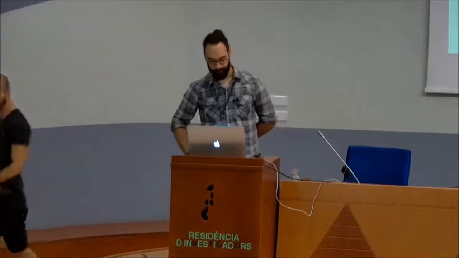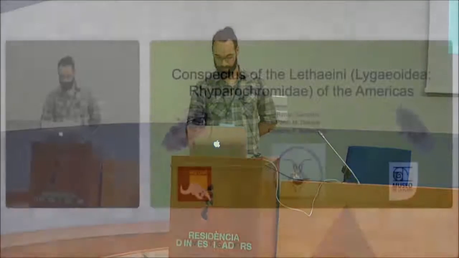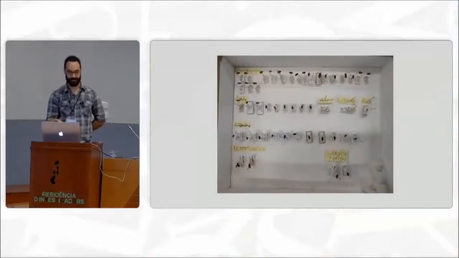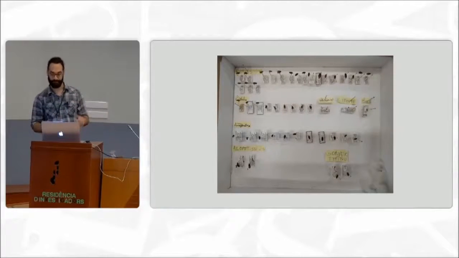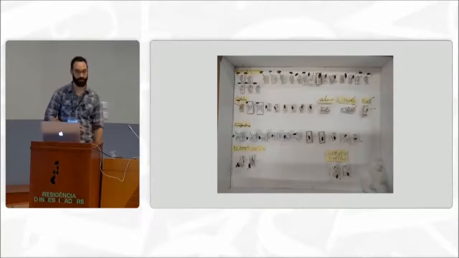Hello, everyone. So let's talk about reporter chromids. This is a classic tray of reporter chromid. Maybe some of you just find them boring, dirt covered, but actually under the microscope they're quite interesting.